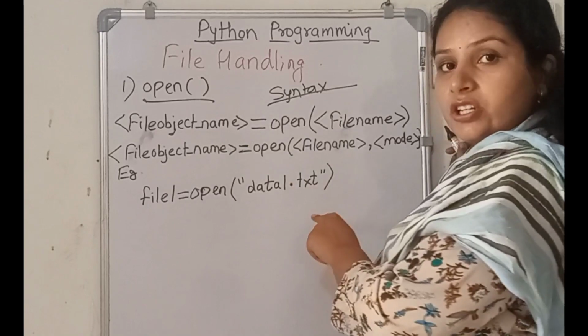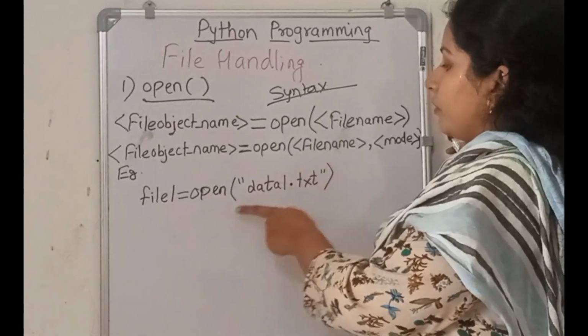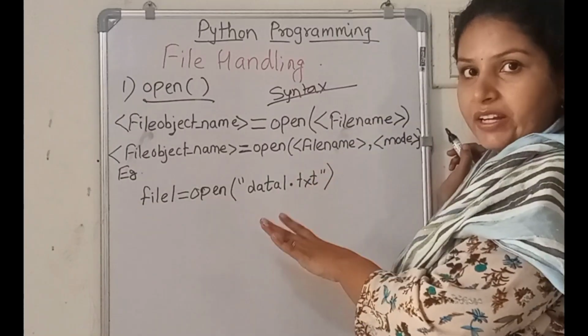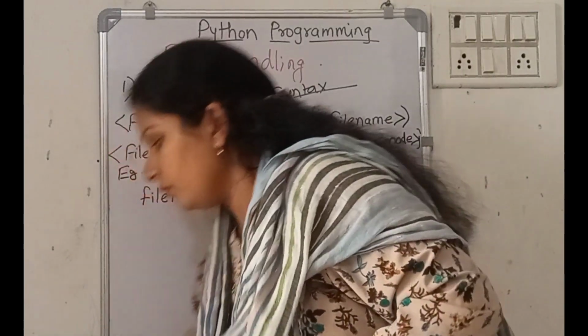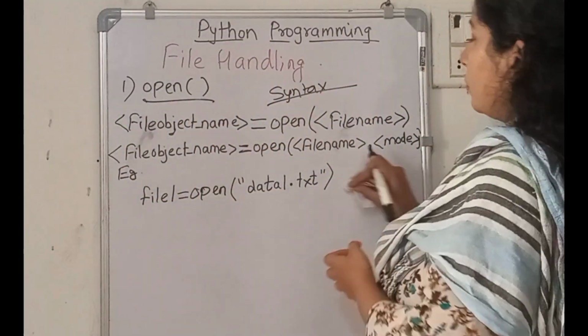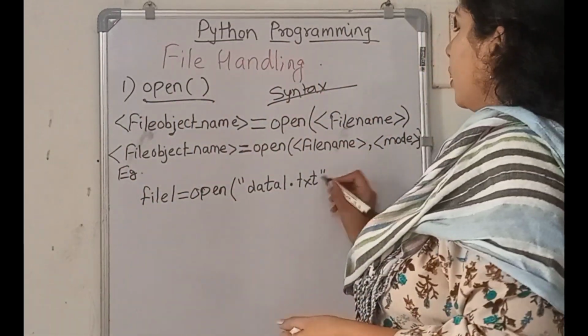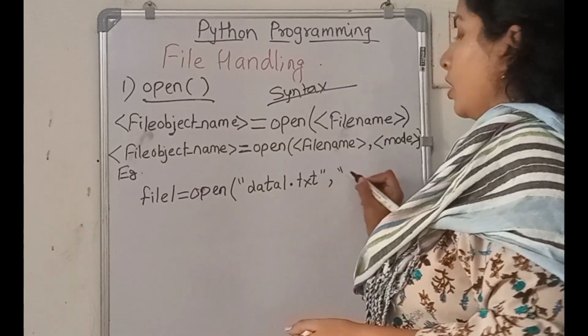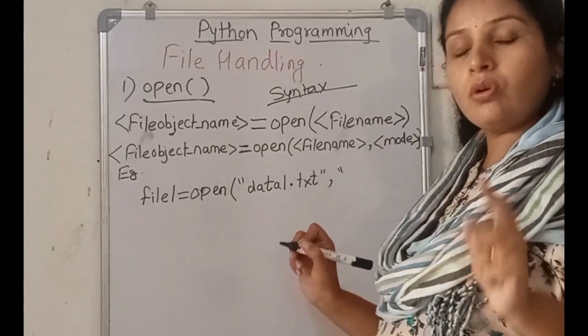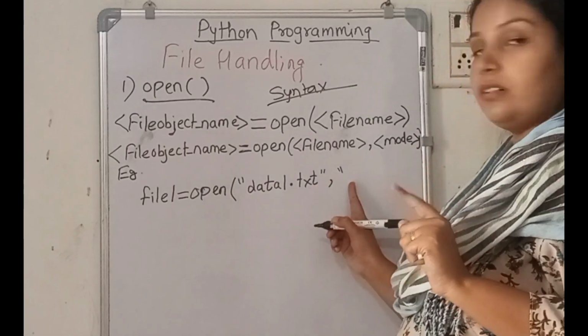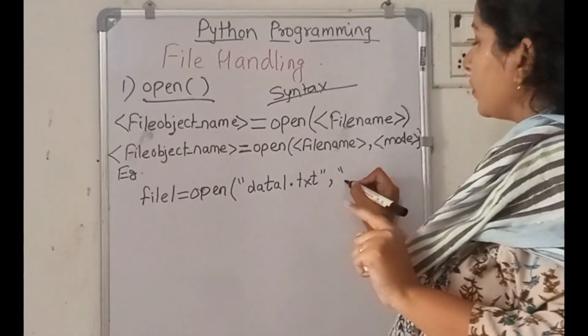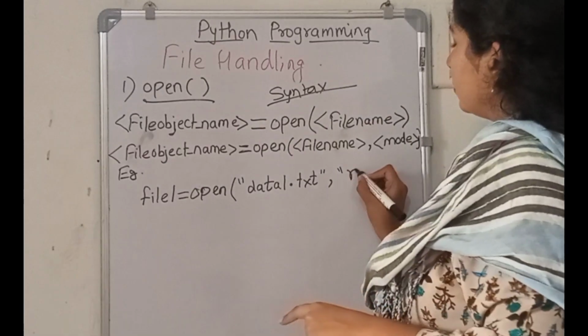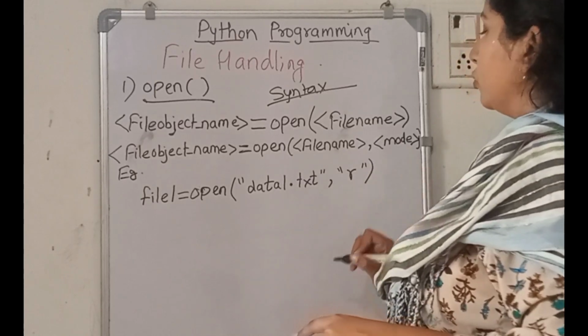If you don't mention the mode, it will be opened in the read mode by default. But if you want to mention the mode specifically, then comma, and the mode is also written here, enclosed within single or double quote.